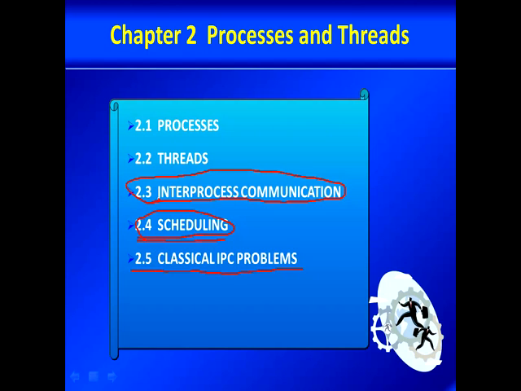In section 3, we learned IPC means you need to handle 3 issues: mutual exclusion, synchronization, and message passing. You need to send messages between 2 processes or among some processes.